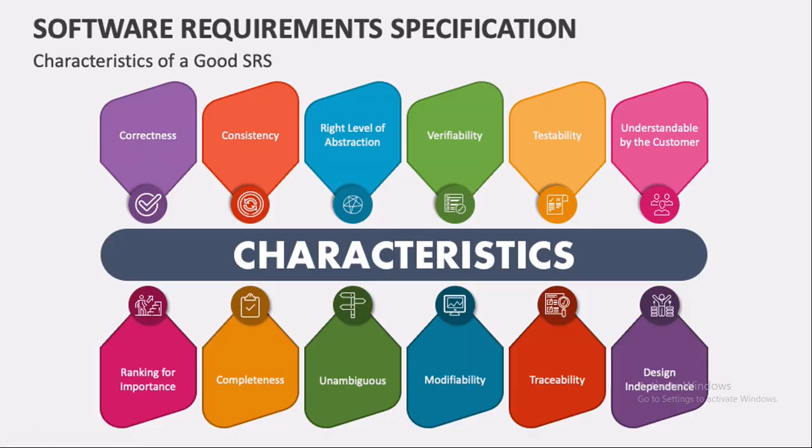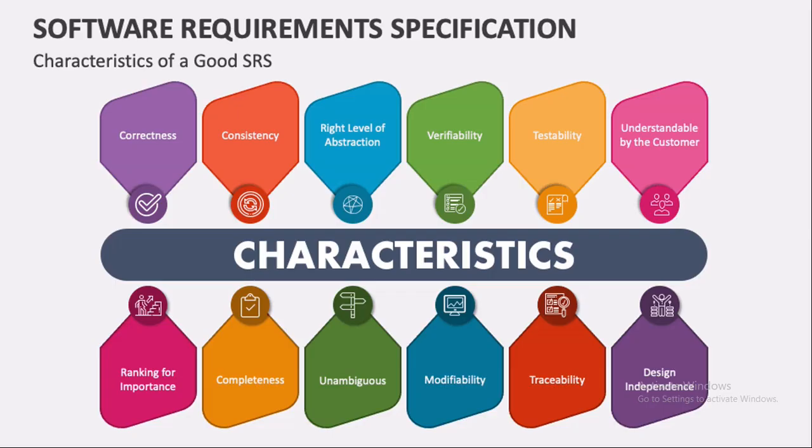When you are writing any SRS, when you are writing a requirement of the customer, it must be correct and it must be consistent. Consistency means there should not be any conflicting rules, and it should be complete. No requirement should be missing.